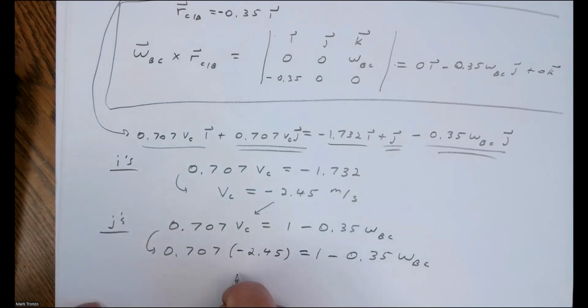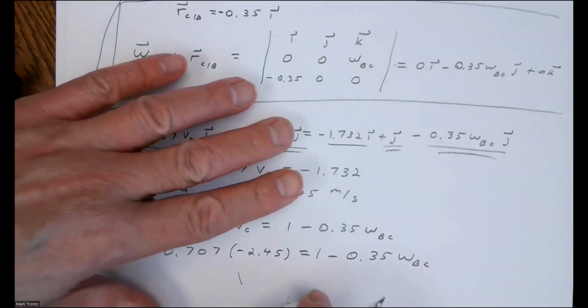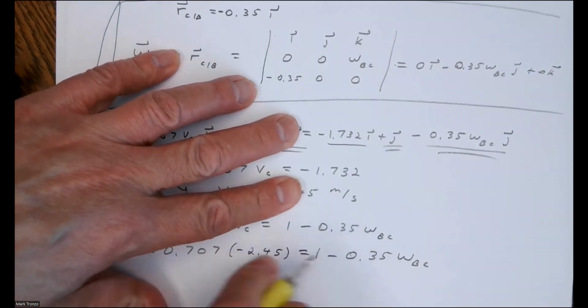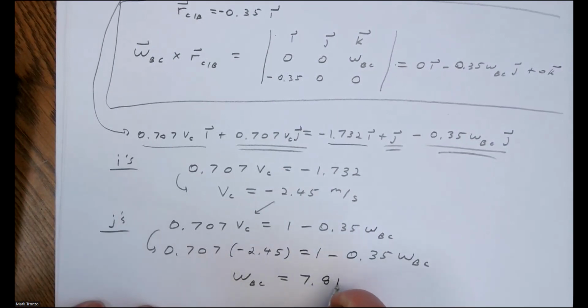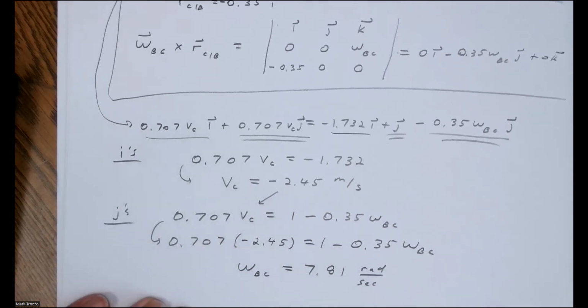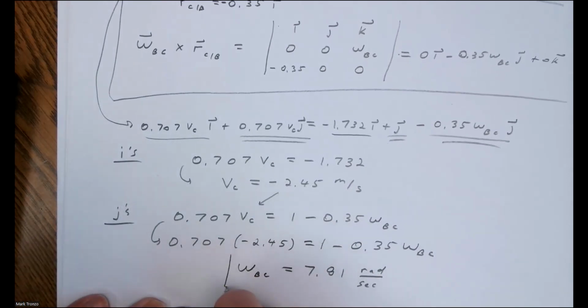I'm given omega BC is 7.81 radians per second. And since it's positive, it must be counterclockwise.